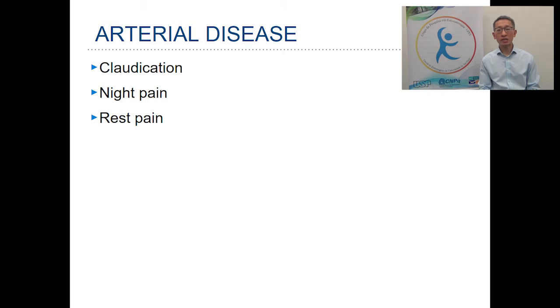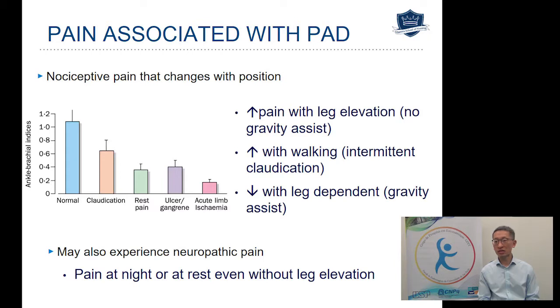As the disease becomes more severe and progresses, patients may experience night pain or even rest pain. In fact, there's some literature suggesting that we should look at the location where the patient experiences claudication or ischemic pain, and that may have a correlation to where the occlusion is. As you can see in these two slides, there are different areas that are involved.